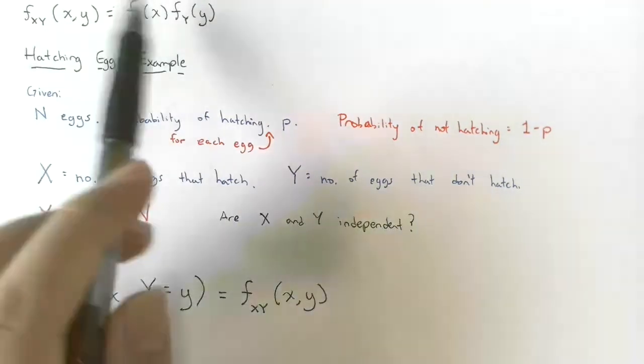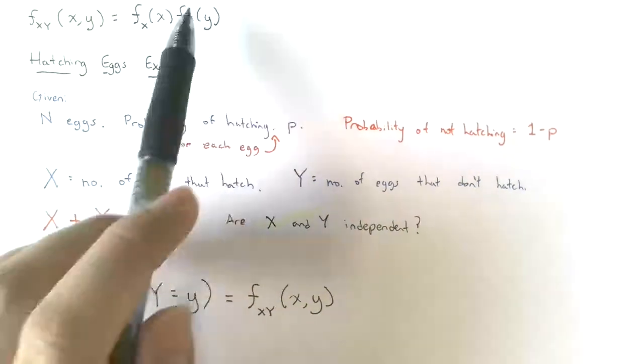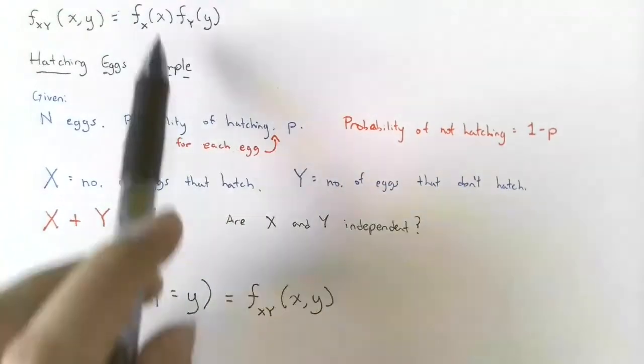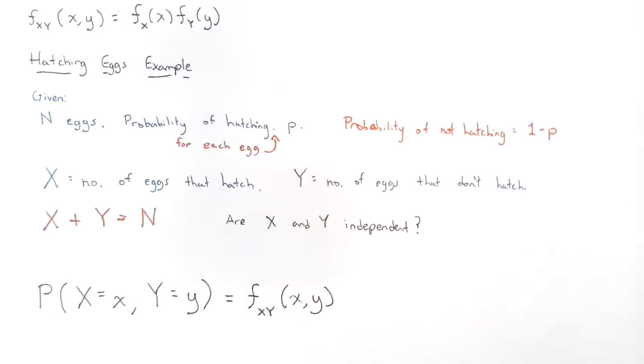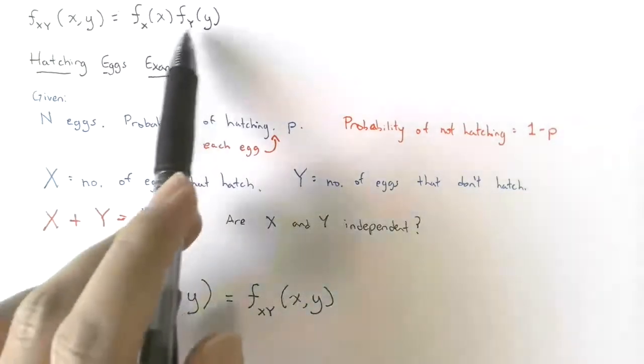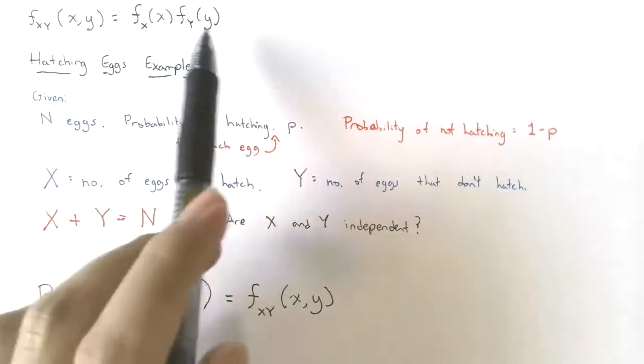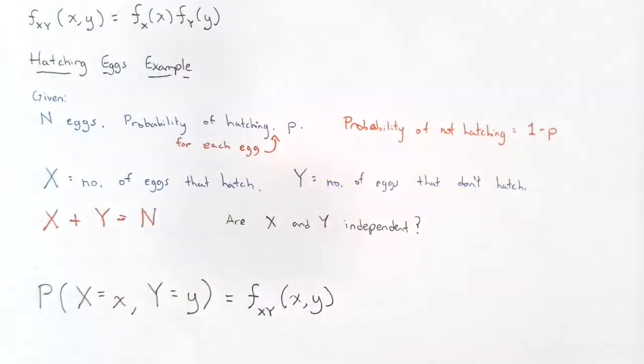But if they are dependent, then we won't be able to separate our x's and y's into different functions, because our marginal probability distribution will in fact depend on the other variable. So the marginal probability of X will depend on y, and the marginal probability of Y will depend on x. We want to keep in mind that if these are independent, then this will be true. If not independent, this will not be true.